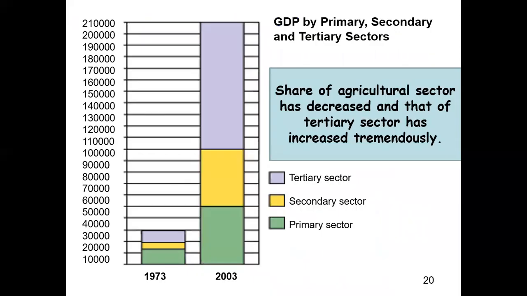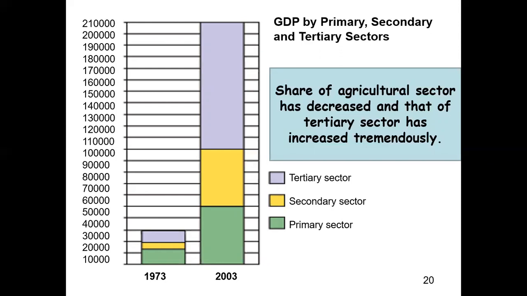Okay, so if you look at this graph over here, which is also there in your textbooks on page 24, this graph shows the production of goods and services in three sectors. It is shown for the years 1973 and 2003 on the screen. In your textbook, you have 1970-71 to 2010-11. You can see how the total production has grown over the years.